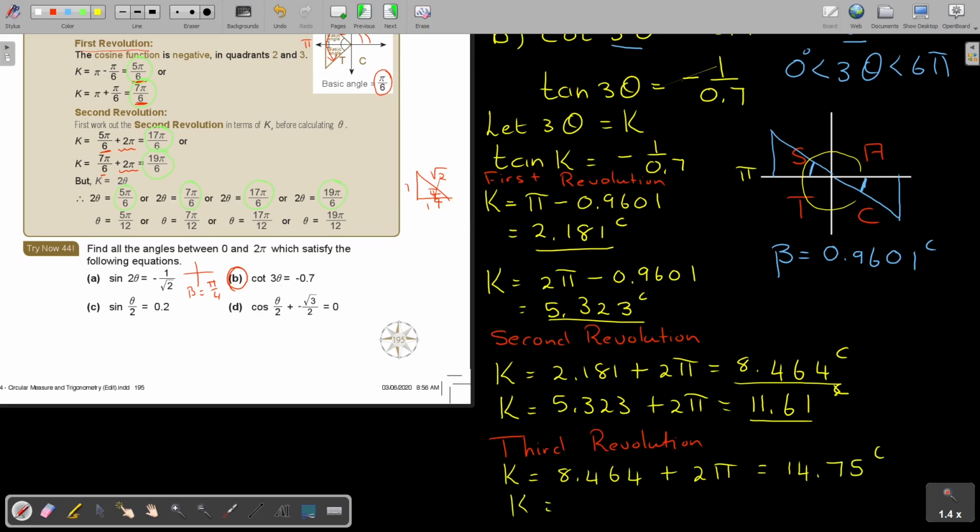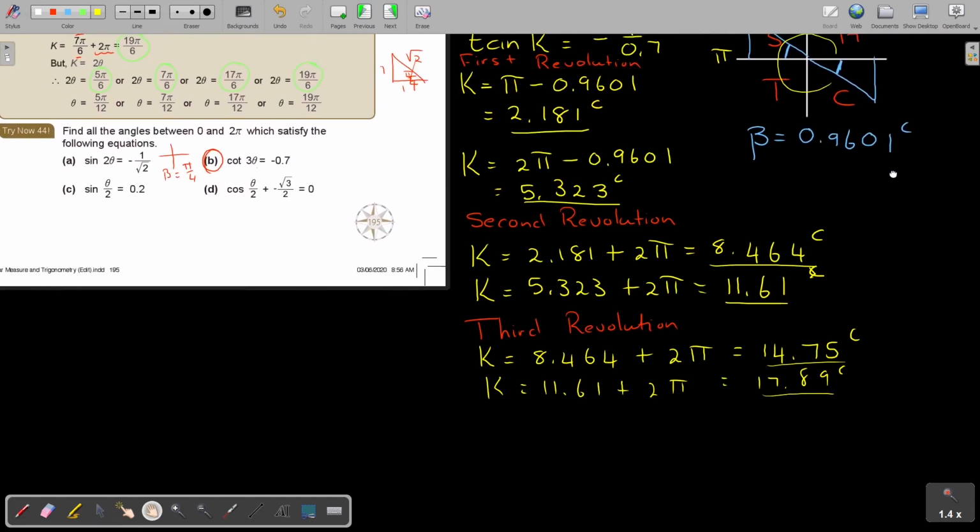And then k is equal to 11.61 plus 2 pi, so 2 multiply shift pi, plus that 11.61, and that is going to give me 17.89 radians. Okay, and now let me just underline this too. So there are my 6 answers now. Let me just move it up.